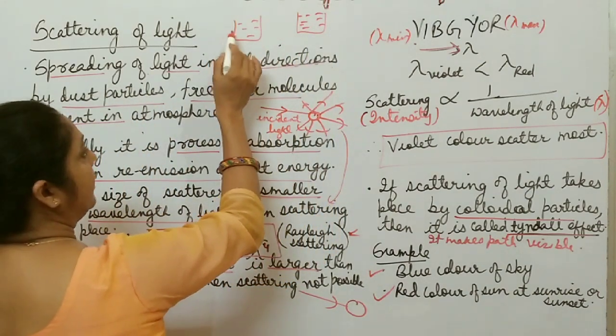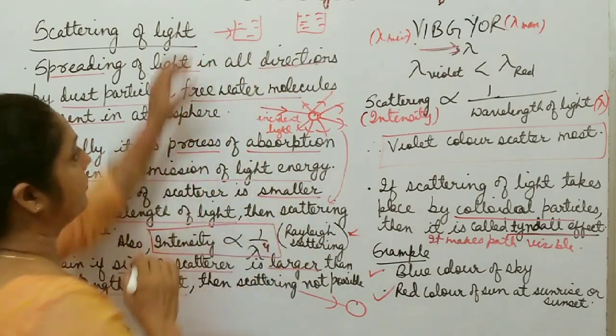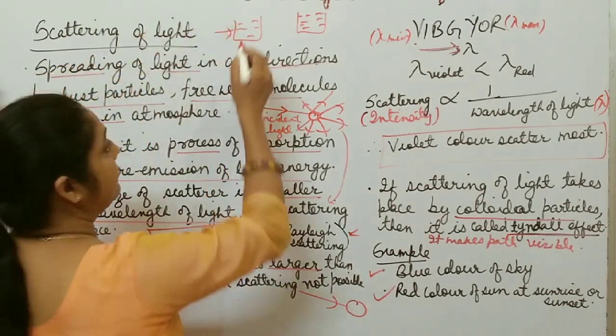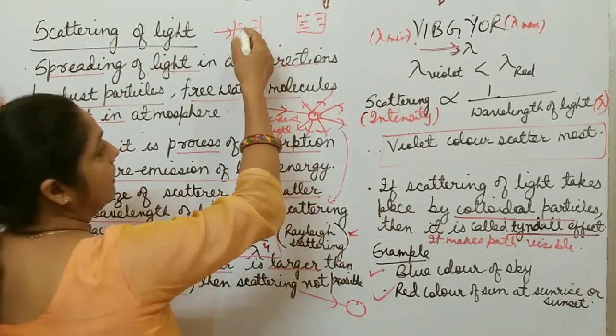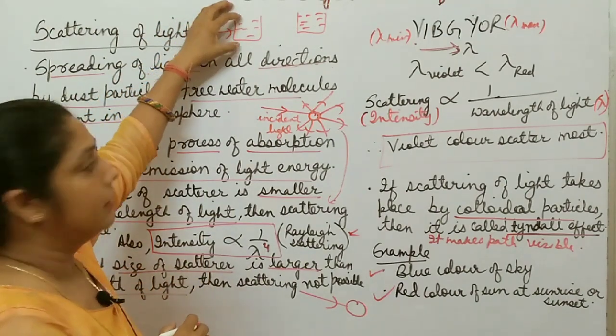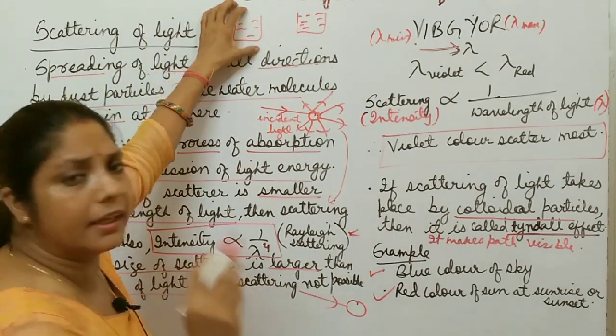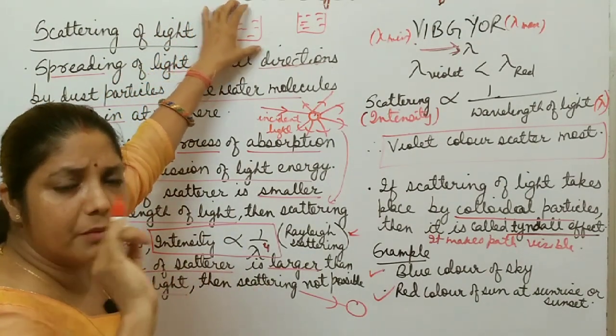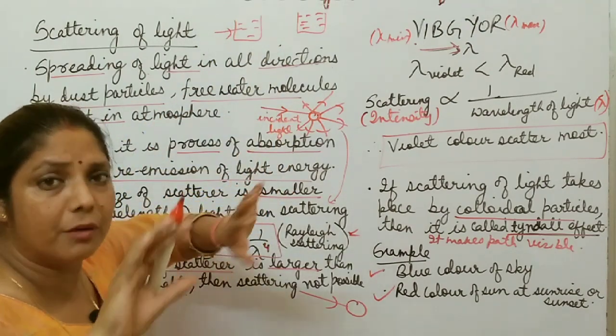So when a light ray passes through the first beaker in which water is kept, what happens? Here, in water, there are no small particles. All particles are mixed properly, a uniform, homogeneous mixture.